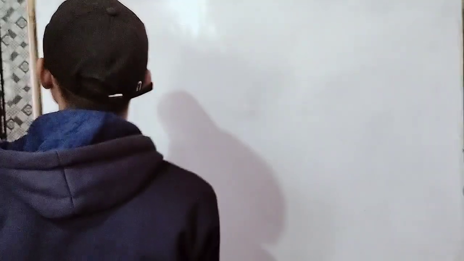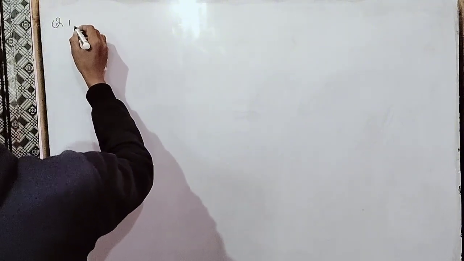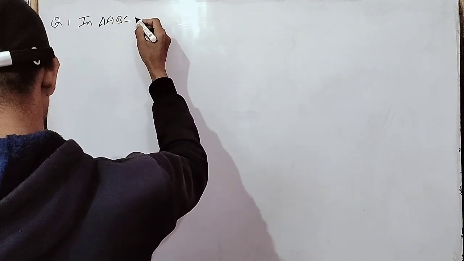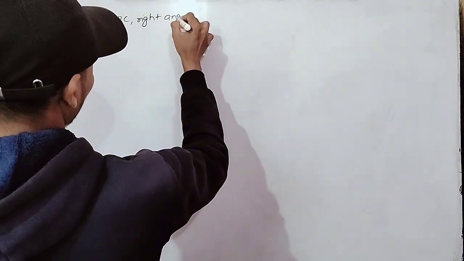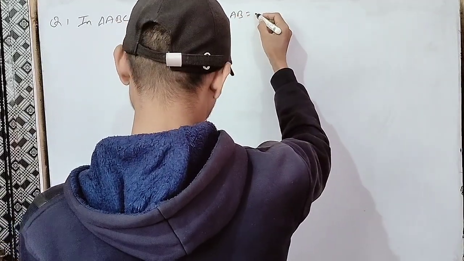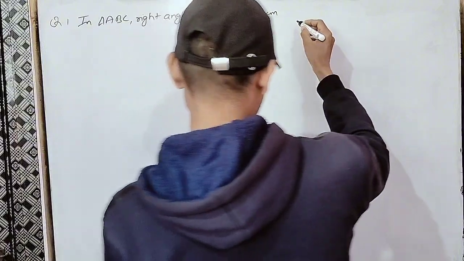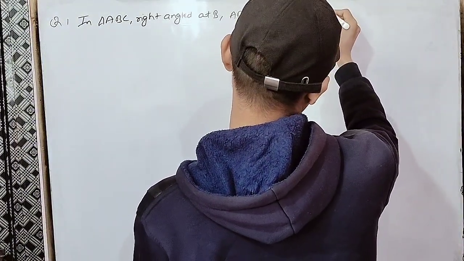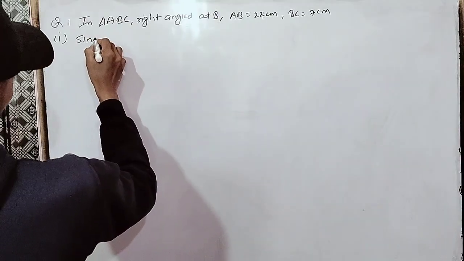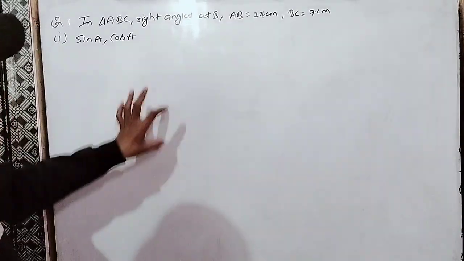First question I am going to write. In a triangle ABC, right angle at B. This is our first question.